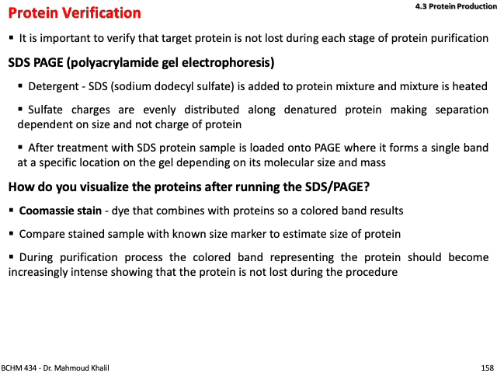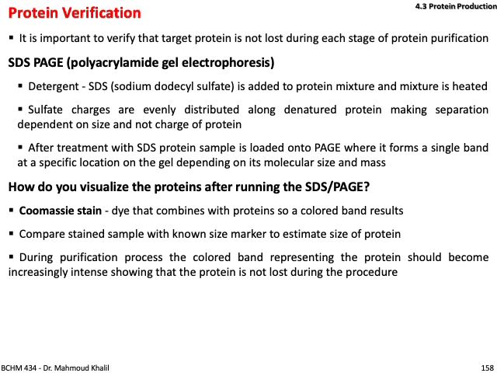So how do you visualize the proteins after running on SDS-PAGE? The straightforward way is to use a Coomassie stain. It's a dye that combines with protein, so a colored band results. Usually it's blue in color. You can compare the stained sample with known size markers to estimate the protein size. During the purification process, the colored band representing the protein should become increasingly intense, showing that the protein is not lost during the procedure.